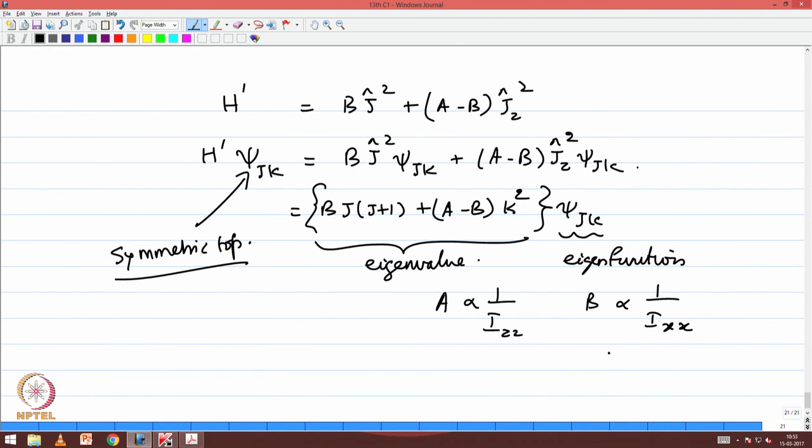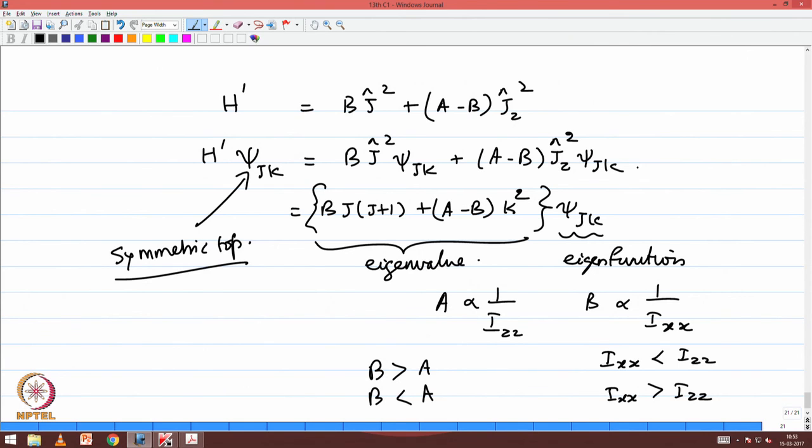Therefore, if I x x is less than I z z, then b is greater than A. If I x x is greater than I z z, then 1 by I x x is smaller than A, therefore b is less than A. These are the two cases that we associate with prolate and oblate symmetric tops, and therefore you see that the spectrum of the symmetric top Hamiltonian now depends on the k squared as well as the sign of the difference A minus B. So, let us quickly see the spectral features of a symmetric top.